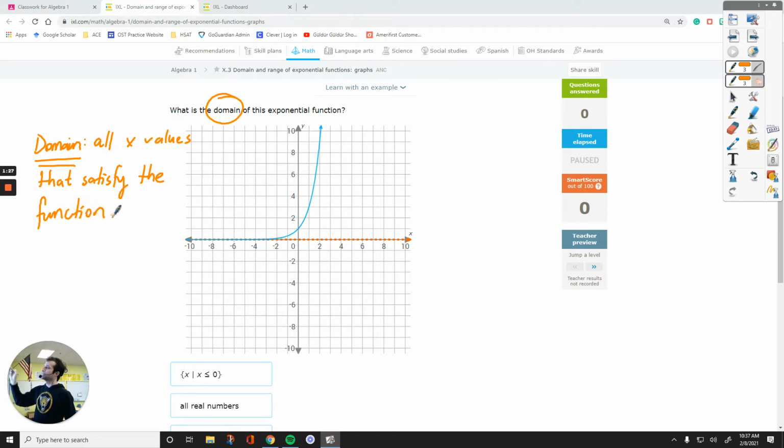But what does that mean? So let's talk about this particular given exponential graph. Since we just learned that domain is the combination of the x values, now we know that we are talking about the horizontal axis and the numbers on that axis.